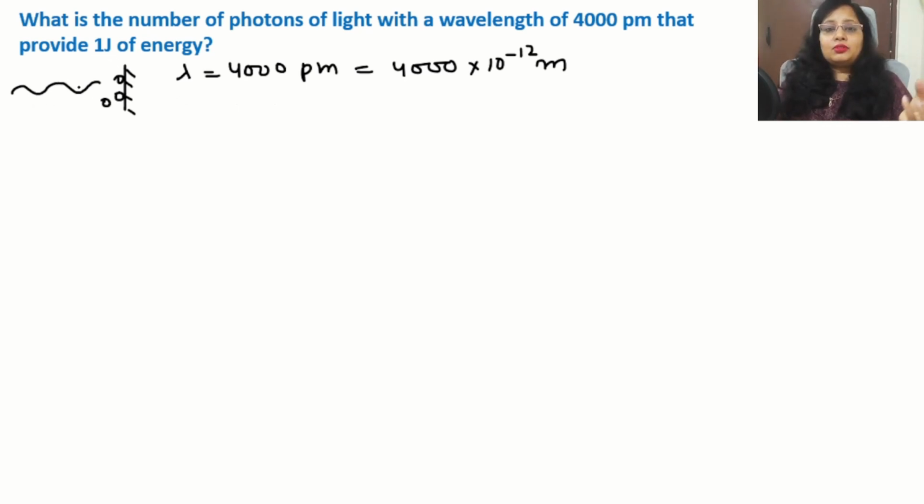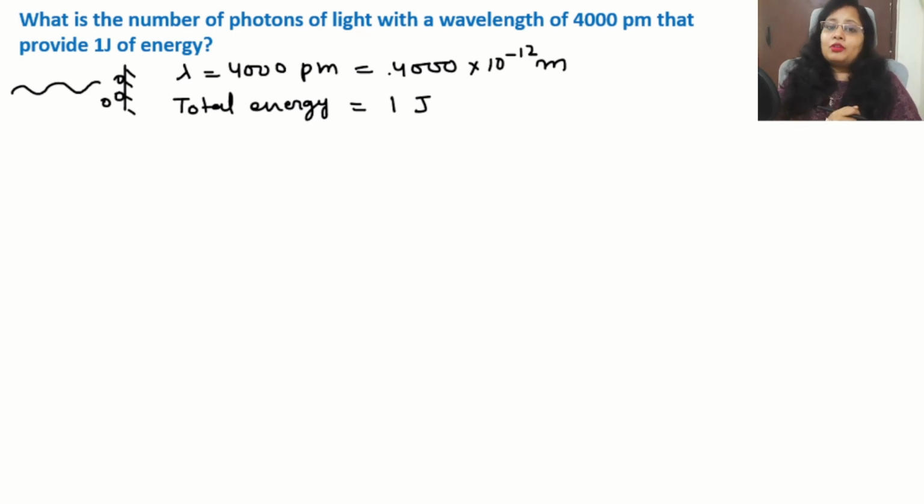So the total energy is given of the photons in this wavelength of the light. So total energy is given 1 joule.